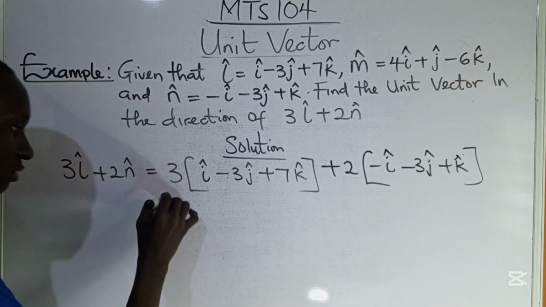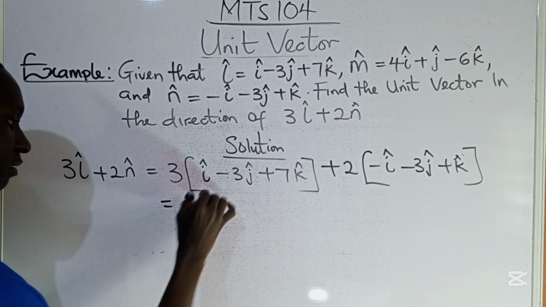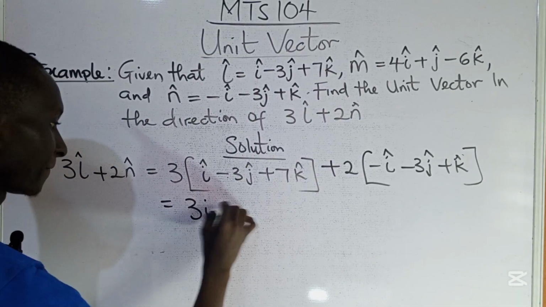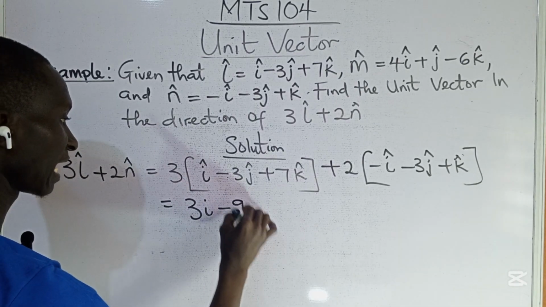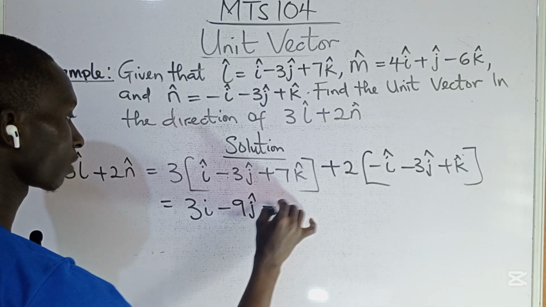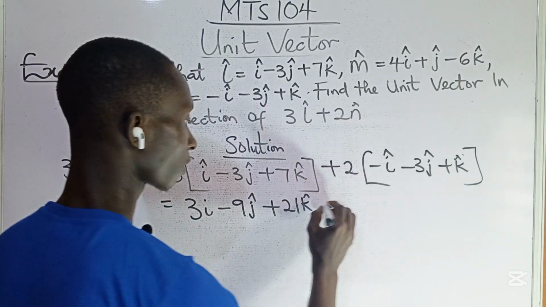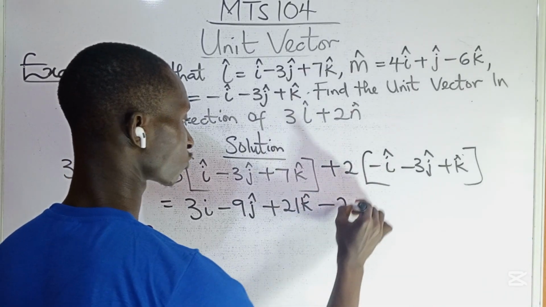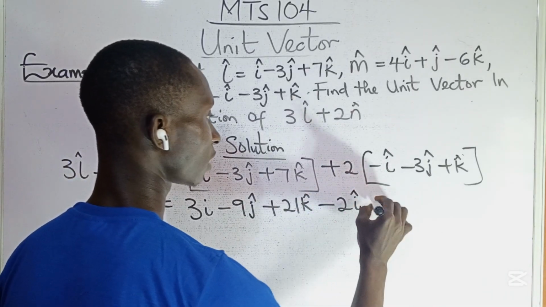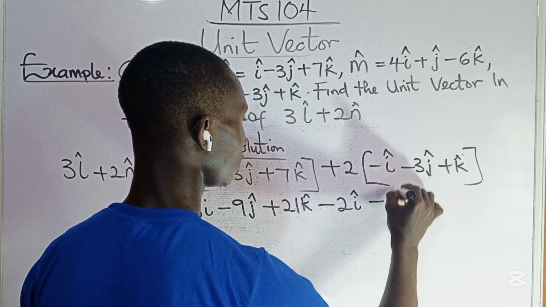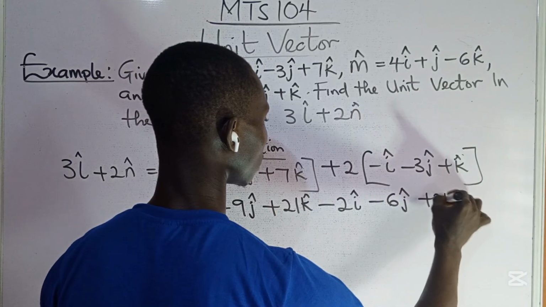So that becomes 3i minus 9j plus 21k. We'll expand this, that's minus 2i, right? Minus 2i minus 6j plus 2k.